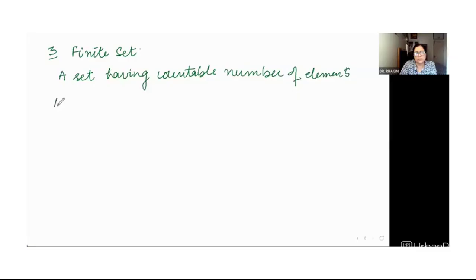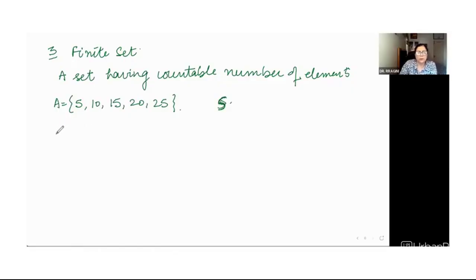Like if I write A as 5, 10, 15, 20, 25, and then I put it inside the brackets. Now you can see here we can count 1, 2, 3, 4, 5. There are 5 elements in this set. So it is countable. That is why it is called a finite set.